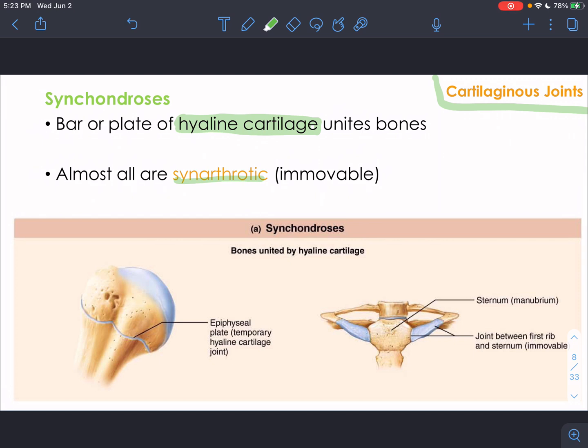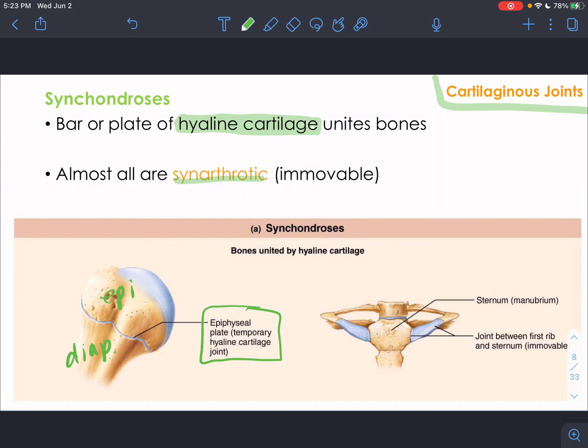Okay, some examples of these are the epiphyseal plate, right, which you can find between the parts of your bone, your epiphysis and diaphysis. So your epiphyses are at the end and the diaphysis is in the middle.